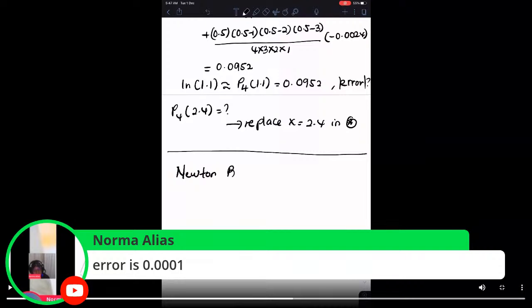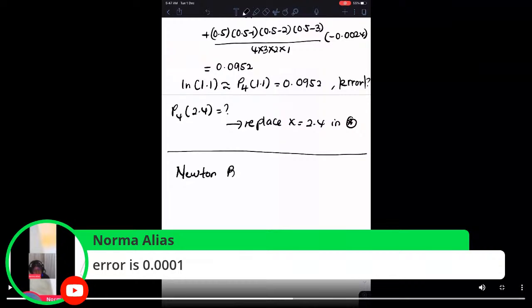For ln 2.4, can you replace it in the formula and then find the error? How much is the difference between ln 2.4 from your calculator and ln 2.4 from Newton forward difference interpolation? I think the error should be like 0.001, or less than 0.005.